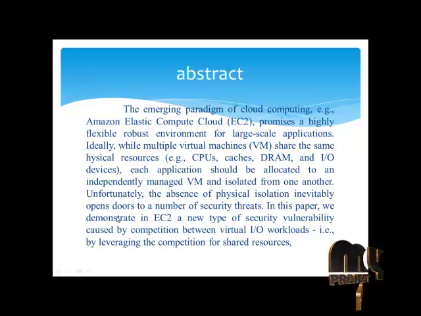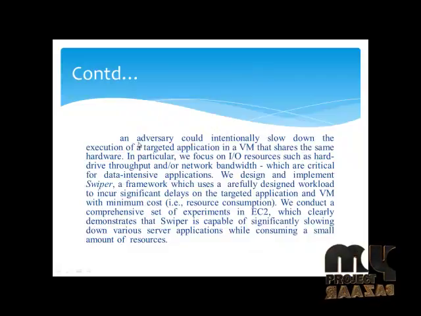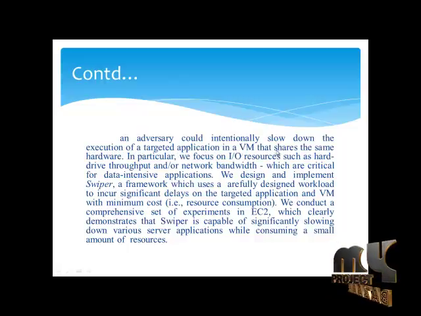In this paper, we demonstrate in EC2, Elastic Compute Cloud, a new type of security vulnerability caused by competition between virtual I/O workloads, that is, by leveraging the competition for shared resources. An adversary could intentionally slow down the execution of a targeted application in a VM that shares the same hardware.